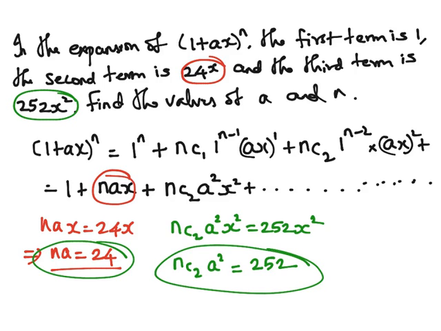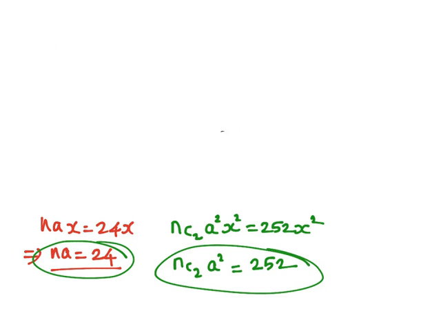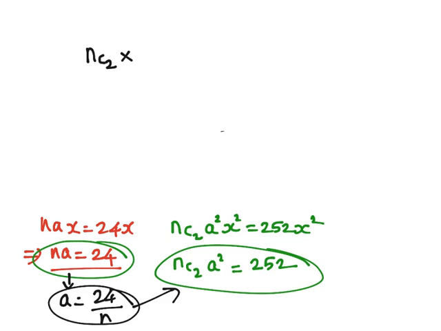Okay, so I'll do one thing. Let me erase this. Now, I got a is 24 by n, isn't it? So let me substitute this value here. I'll get nC2 into a squared, which is nothing but (24 by n) the whole squared, equal to 252.